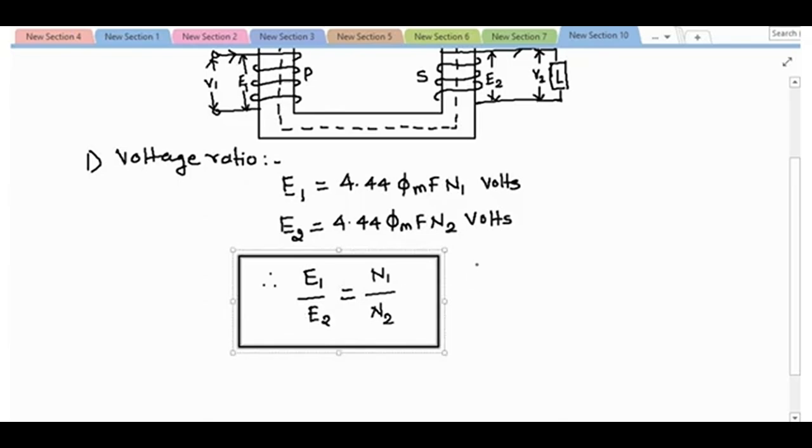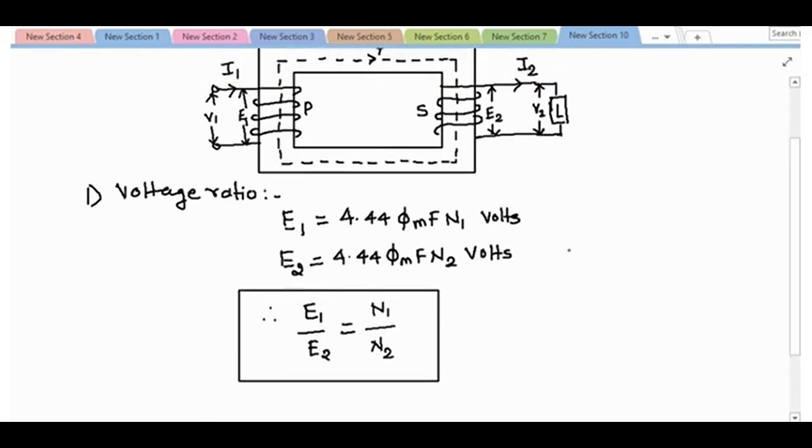So now if the voltage applied across the primary winding is V1 as shown in this figure, and the terminal voltage of the secondary winding is V2, then at no load, when your secondary is on open circuit, my V2 is approximately equal to E2.